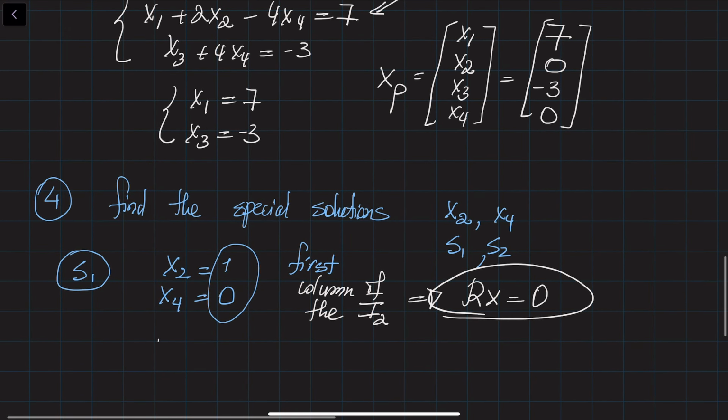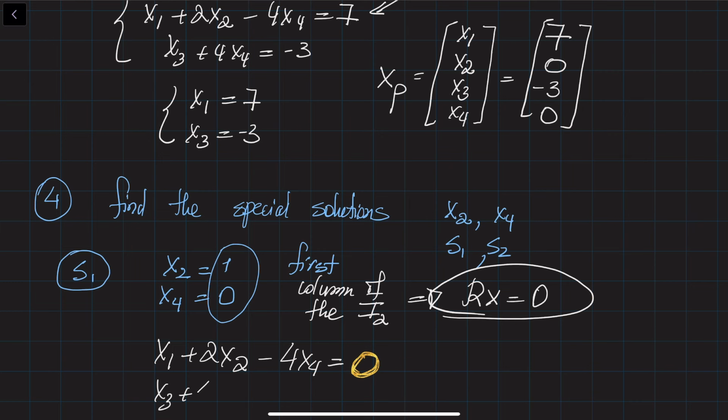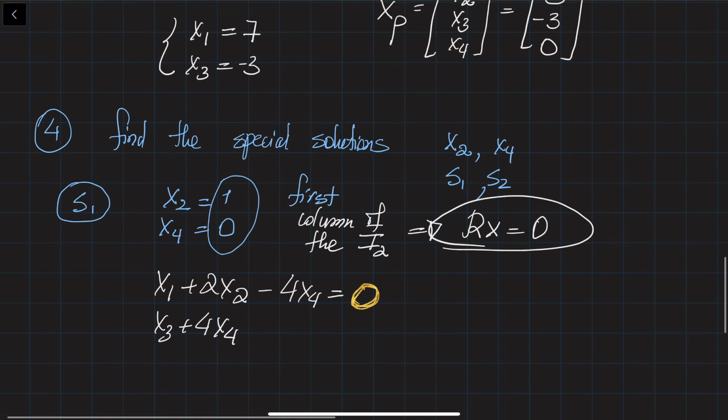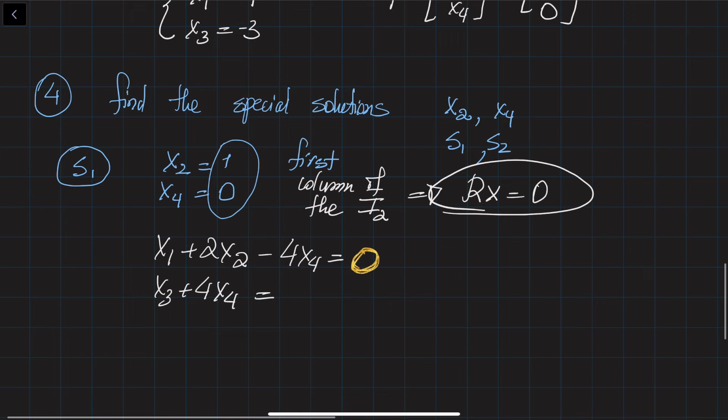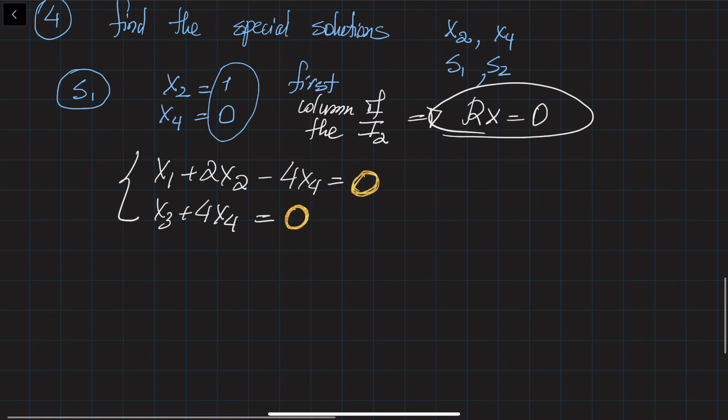Rx is x1 plus 2x2 minus 4x4 is equal to 0. It's really important because it's confusing sometimes. So it should be equal to 0 here. And the second equation is x3 plus 4x4 is also equal to 0. I'm going to put this with a different color in order to emphasize this. So this is equal to 0, and the second equation is also equal to 0.